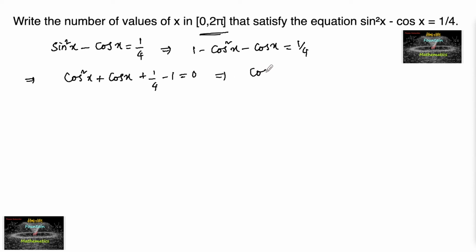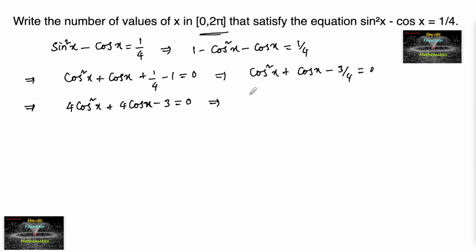So that is cos square x plus cos x plus 1 by 4 minus 1, that is minus 3 by 4, equals 0. By taking LCM, we can write 4 cos square x plus 4 cos x minus 3 equals 0.